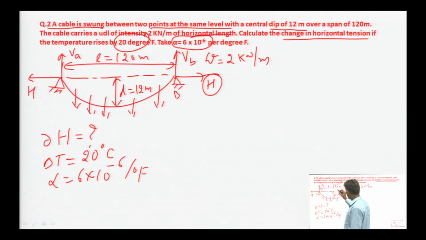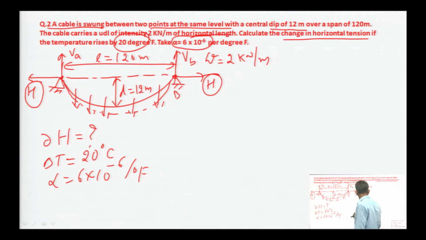Actually, if the temperature is going to rise, then the length of the cable is going to increase, and with this increase of length, the thrust coming at the support will be lower.